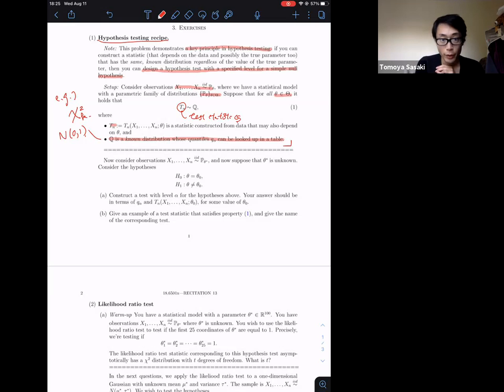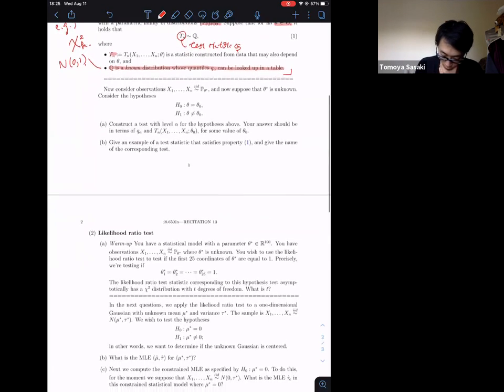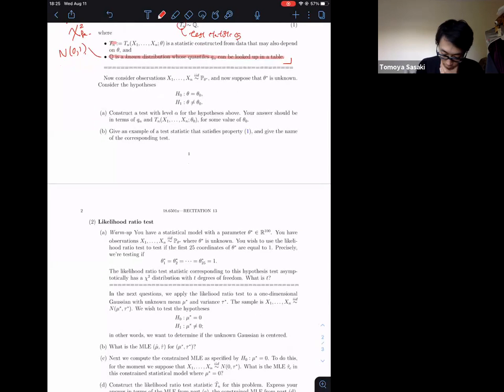So that's a very good point, and it's good to keep that in your mind. Okay, anyway, let's continue. The setup is we have n observations drawn from some statistical model, and we pretend that we do not know this true parameter theta.